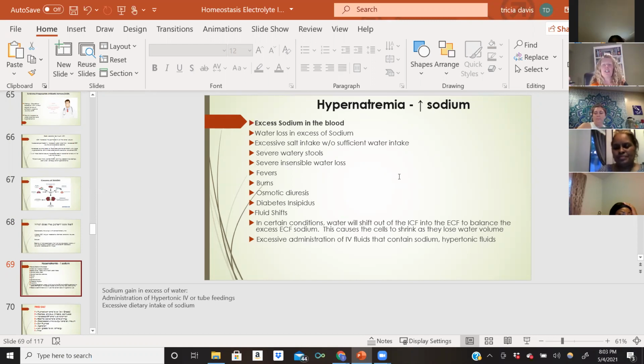And then in certain conditions, water will shift out of the intracellular fluid into the extracellular fluid to balance the excess extracellular fluid sodium. This is going to cause those cells to shrink as they lose water volume. So excessive administration of IV fluids that contain sodium can cause it, and hypertonic fluids can cause hypernatremia as well.